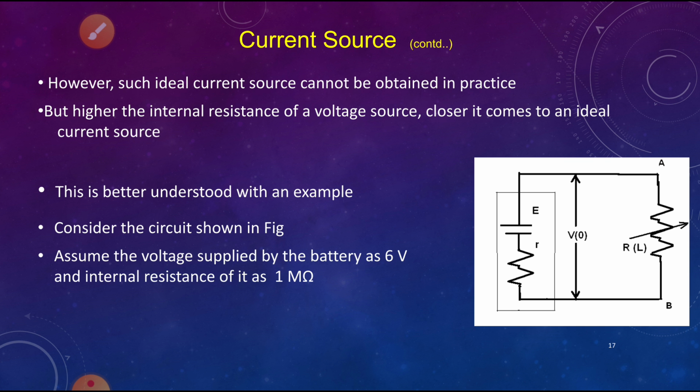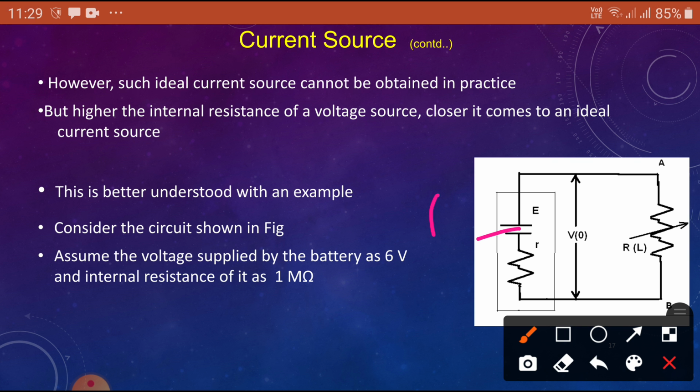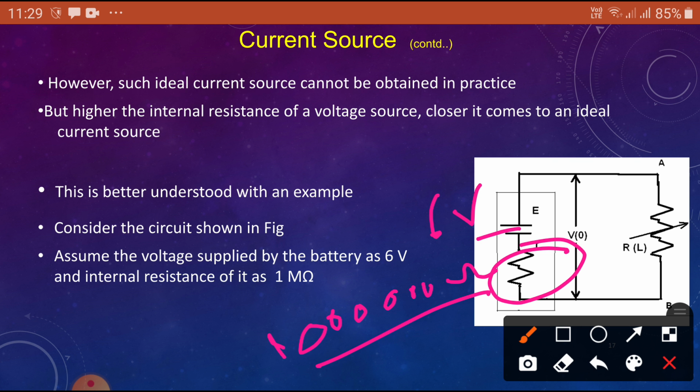Assume the voltage supplied by the battery is 6 volts, just like the previous one. This is 6 volts. And here the resistance connected is 1 mega ohm, that means a high resistance, 1000000 ohms, connected here, whereas previously 0.005 was connected.